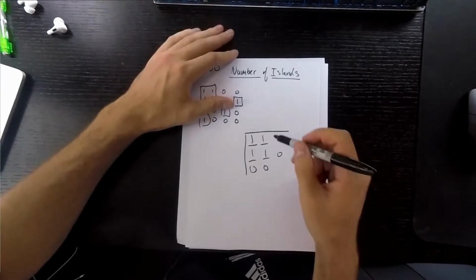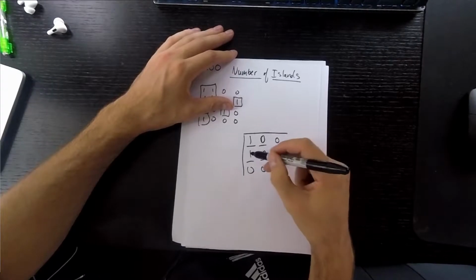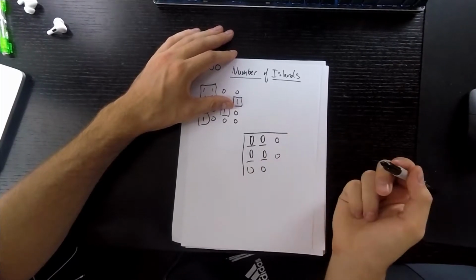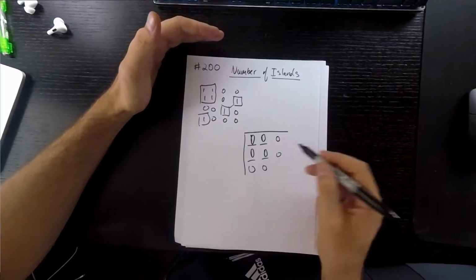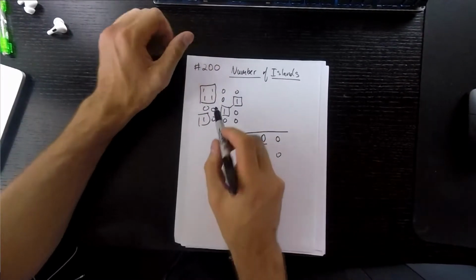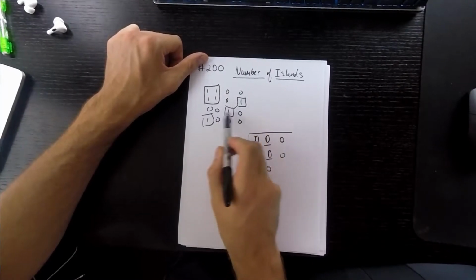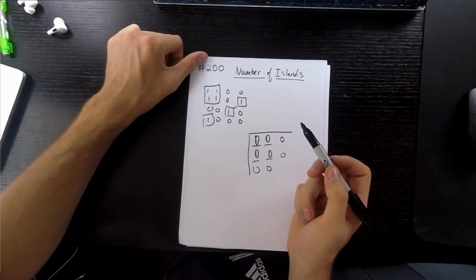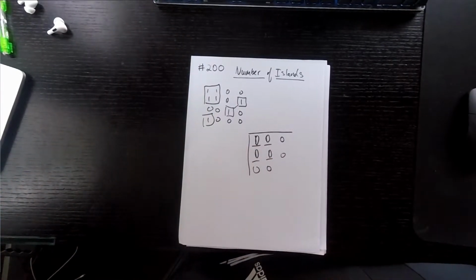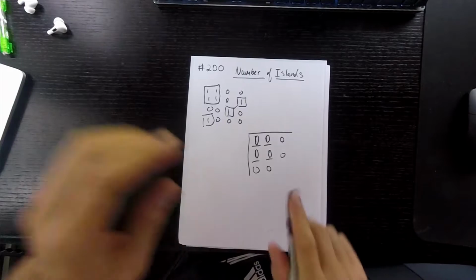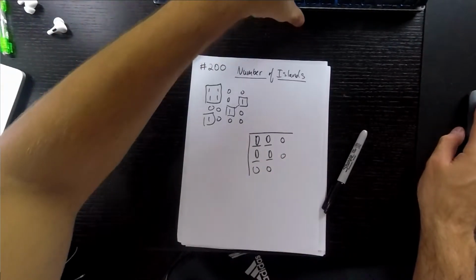Essentially, you can just drown these islands by marking them as water and move on to the next. So for every spot in this grid, we look for an island. If there is an island, we drown it, and then we add to the count. So pretty simple. Let's see how this looks in code.